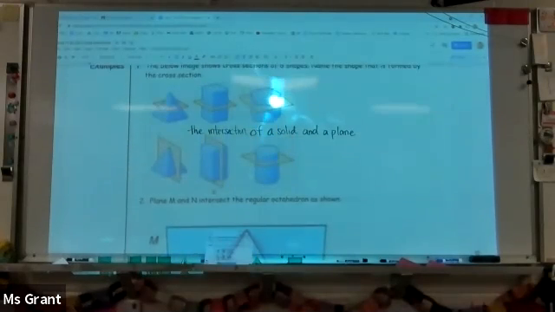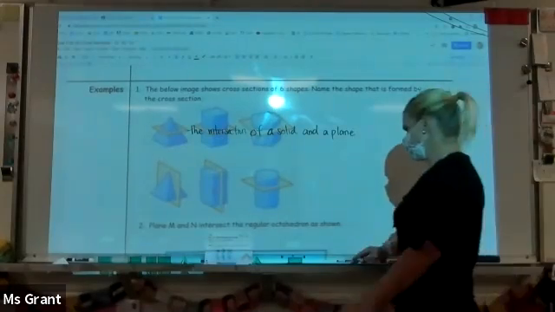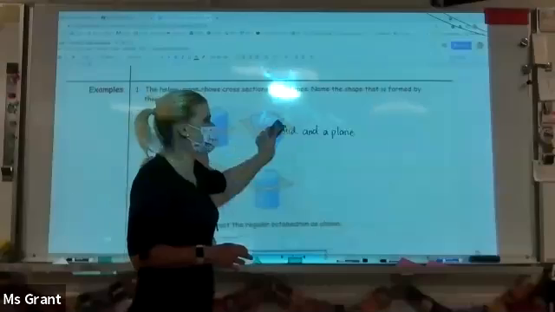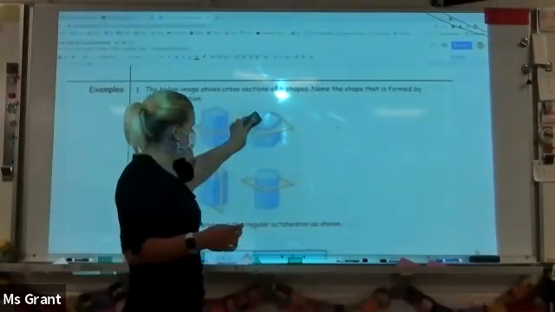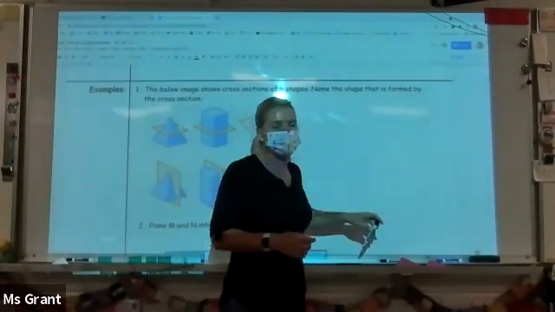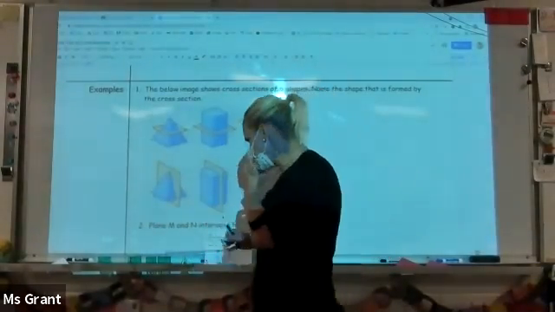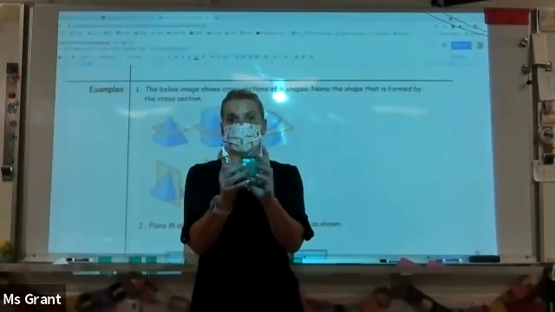A polyhedron is a many-sided shape. So I could say that a polyhedron is a cube. A polyhedron is a cylinder. These two lessons, yesterday and today, the thing that we're leading up to is finding volume of a shape or surface area.